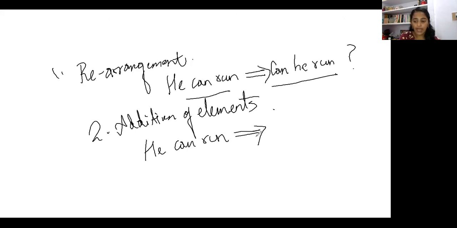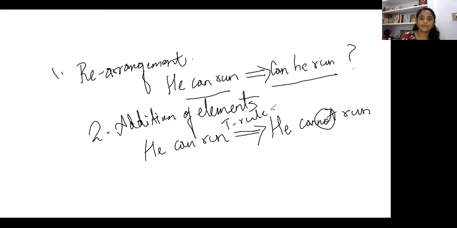I am going to add something. So I'll add the word not and say he cannot run. Here an addition is done and it has transformed. You write T rule here to make it apparent that you have used a T rule. What these T rules are, we don't need to go into that. You just need to understand the basics.